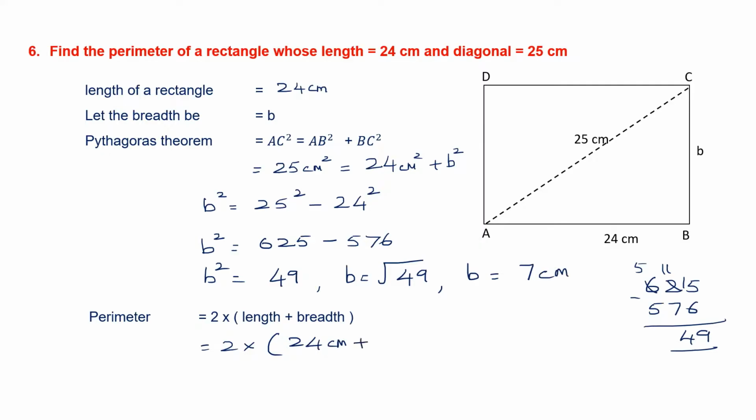So let's add it up. This is 2 into 24 plus 7 is 31 centimeters. And 31 into 2 is 62 centimeters. So we have found the perimeter to be 62 centimeters. So this is our final answer.